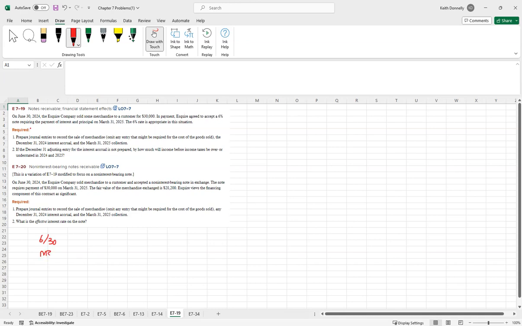They agreed to accept a 6% note requiring payment of interest and principal on March 31st, 2025. So that's 6/30/24, and all the way over here on March 31st, 2025, they're going to pay us back. That's when we're going to get the money plus the interest.